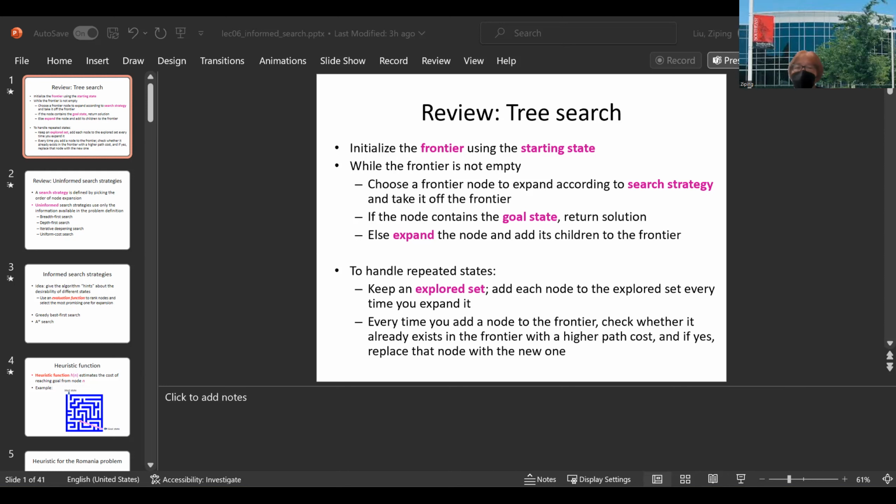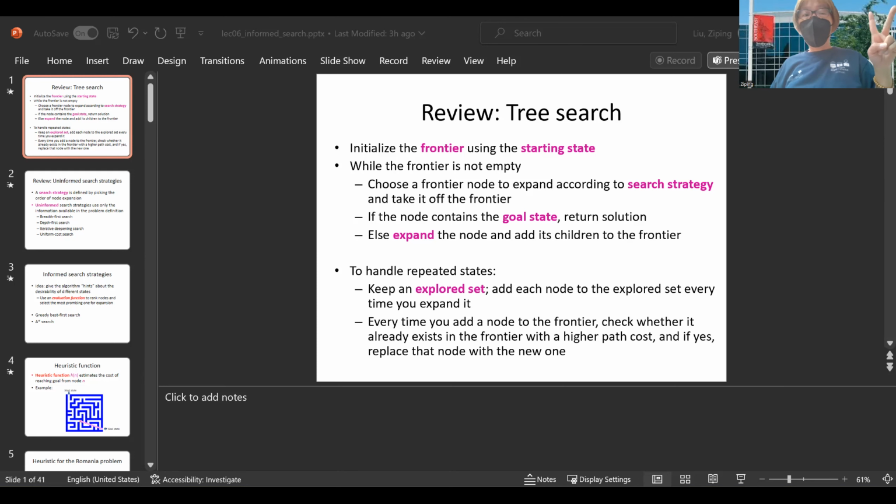So here, the total cost will be 1 from the initial to the current, added to the heuristic of 1, so we have 2. And for the top one, the reason you get the number 3 is because the cost is 1 and the heuristic is 2, so the total cost is 3.